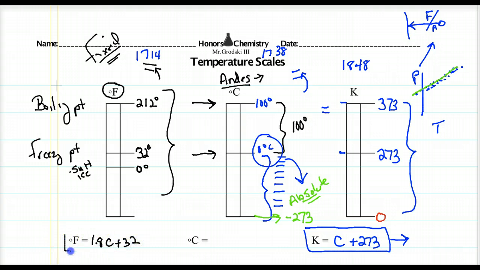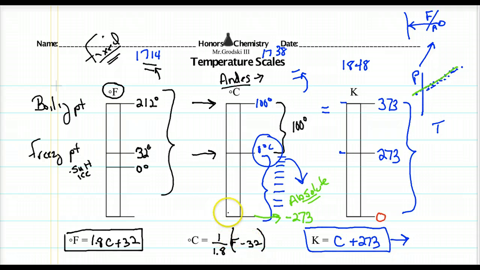And that's what you should have gotten from your homework. Celsius, although you didn't get this directly, if you solve for it, is equal to 1 over 1.8, that's the inverse, times Fahrenheit minus 32, and this minus 32 has to be first.